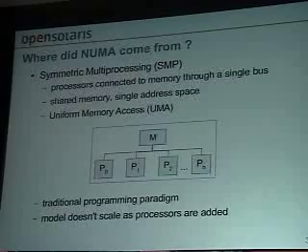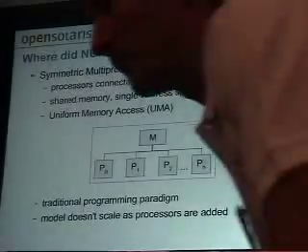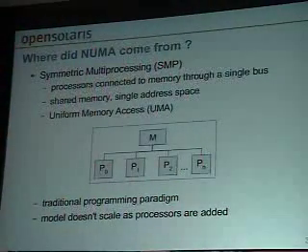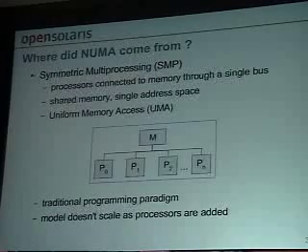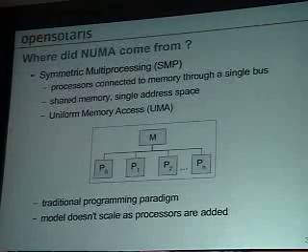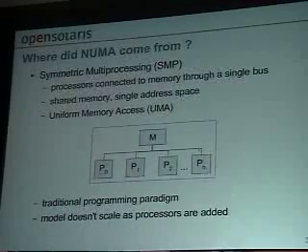Everyone knows this picture. I think everyone knows what symmetric multiprocessing is. You have a bunch of processors connected to a single memory, to a single bus, which is something we are all very used to. It's a shared memory, a single address space.